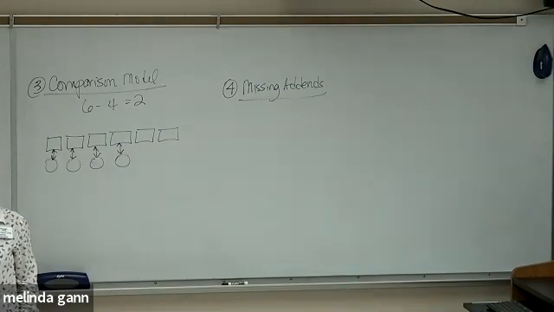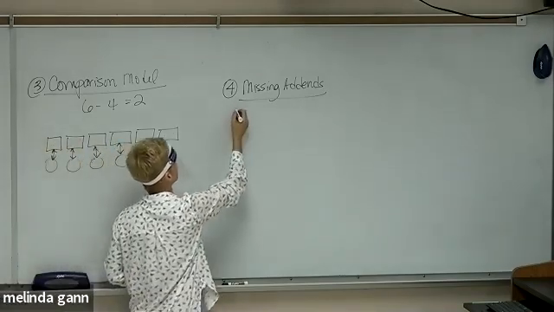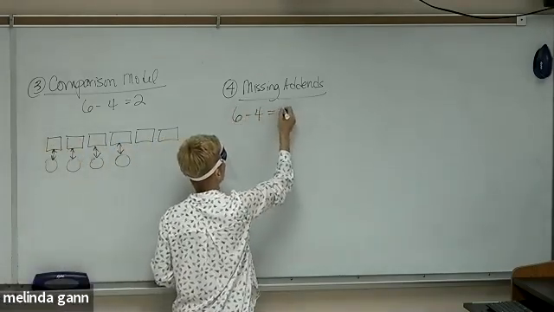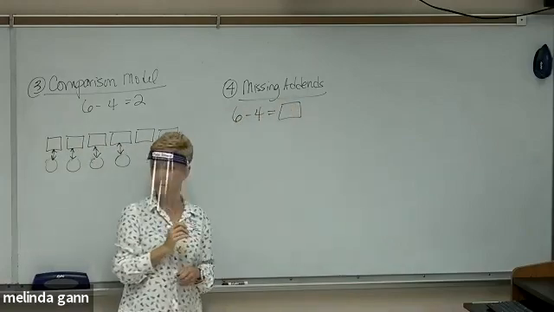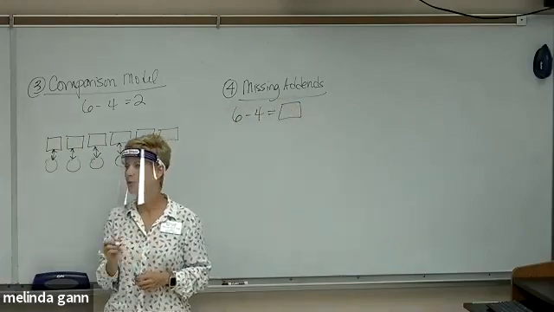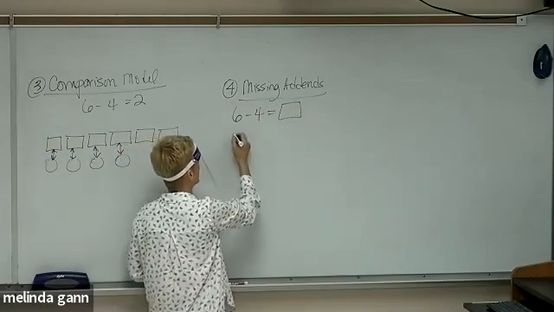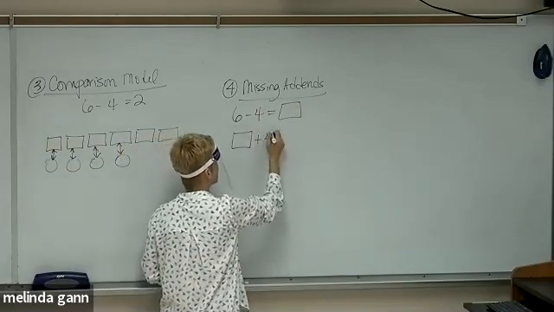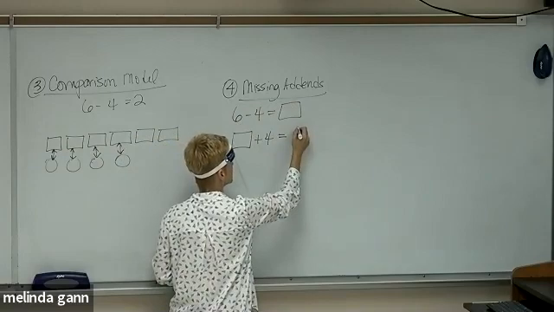Now, kids learn to add before they learn to subtract. So here's what they're talking about. 6 minus 4 is some answer. Well, some kids will do this in their head. What do I add to 4 to get what? 6.